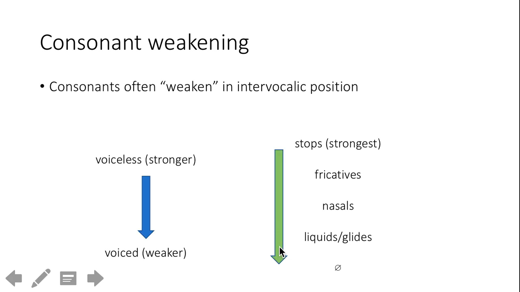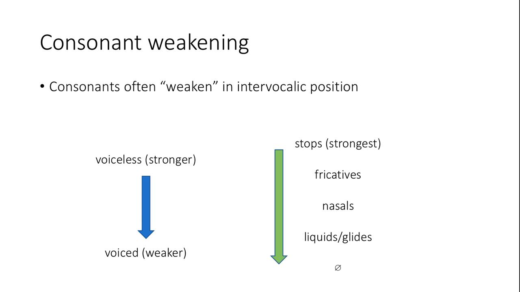And consonants also often weaken in intervocalic position. Remember, for a consonant you have to create a constriction, especially for these stops. Your tongue has to be all the way up on the roof of your mouth, and your vocal folds aren't vibrating. But between two vowels, your vocal folds are going to be vibrating for either vowel, and you might not want to have your tongue all the way up there on the roof of your mouth.